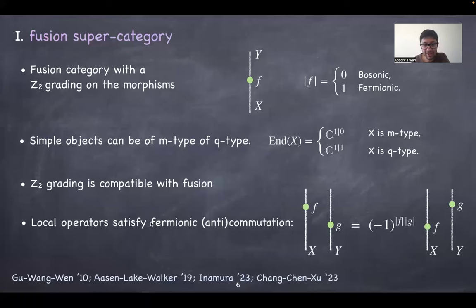Local operators satisfy a kind of fermionic anti-commutation relation. So if I have two morphisms or local operators, F and G, and I exchange the order in which they're implemented, it implements an isomorphism, which is given by the sign, which is -1 to the power of the Z2 grading of these two morphisms.